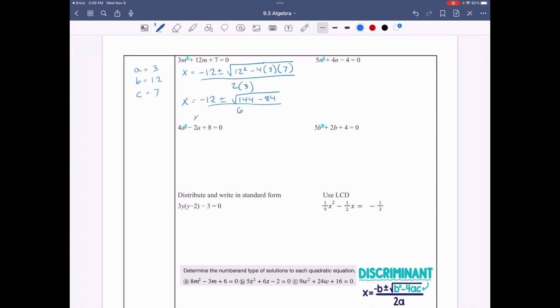So then we get x is equal to negative 12 over 6. I'm going to split it in this case, plus or minus the square root of 80 over 6. So that way we can simplify it.